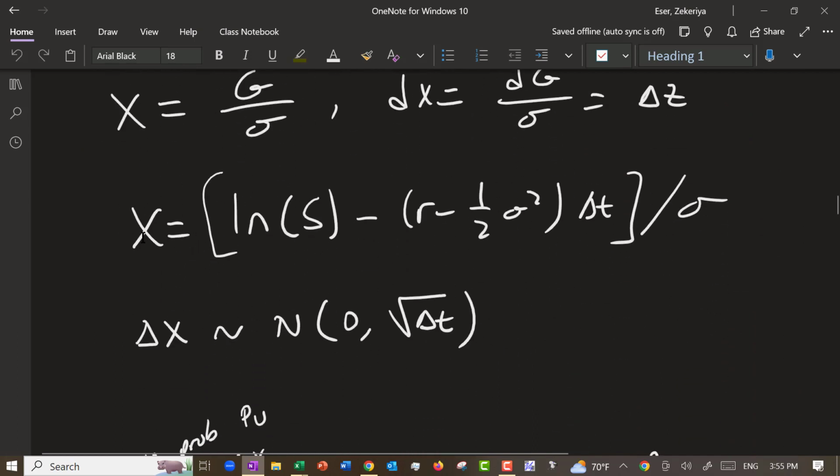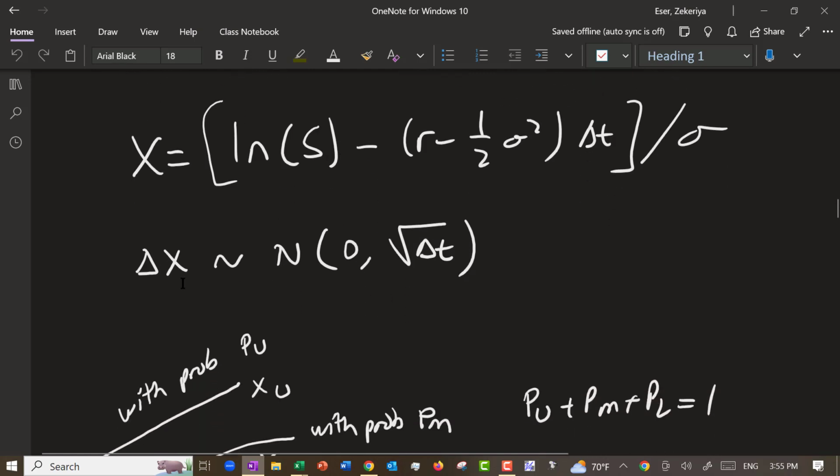So I'm gonna transform prices into X's first, then change in the X's are simply random draws from normal distribution with that standard deviation.